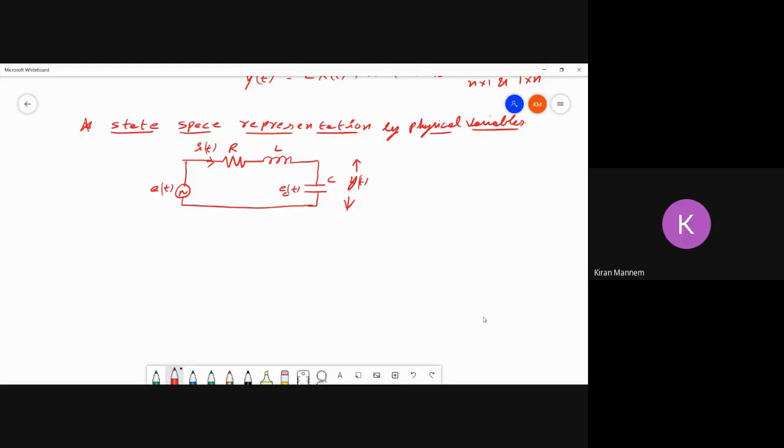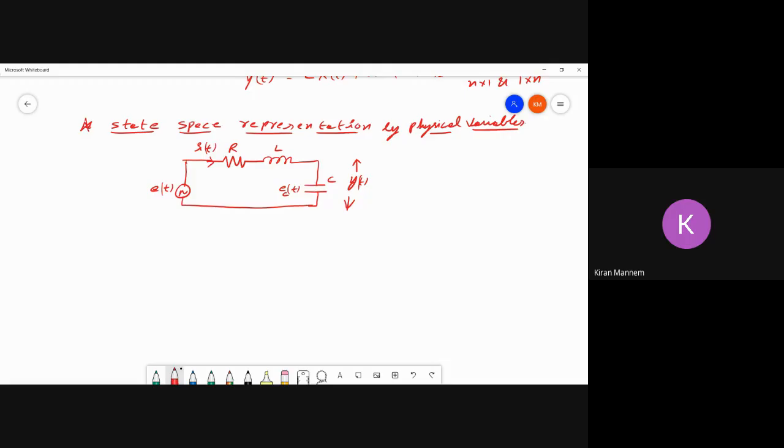To represent this, we should write the Kirchhoff's voltage law equations and write them in the form of the state model.